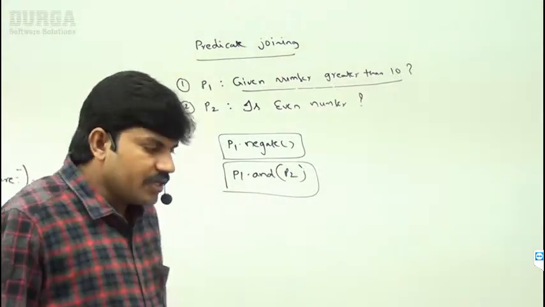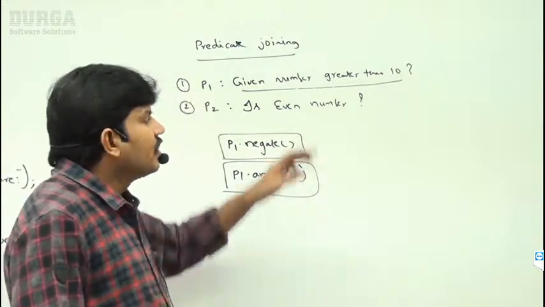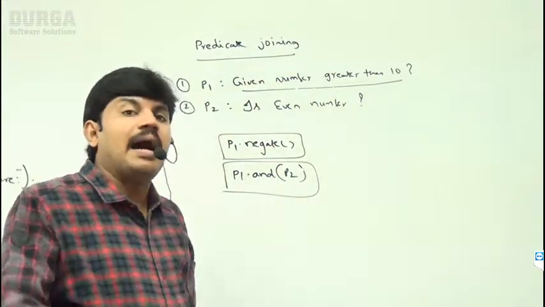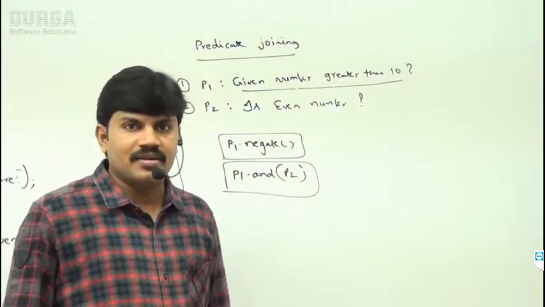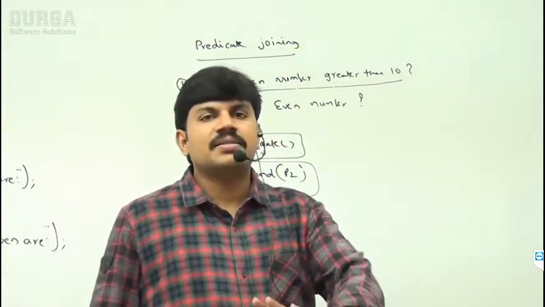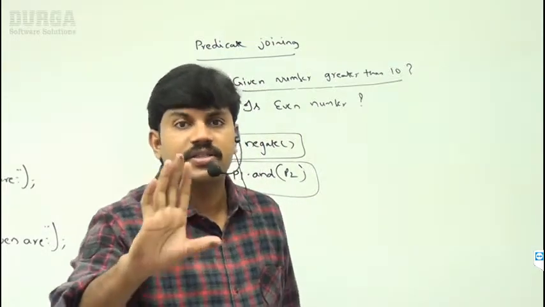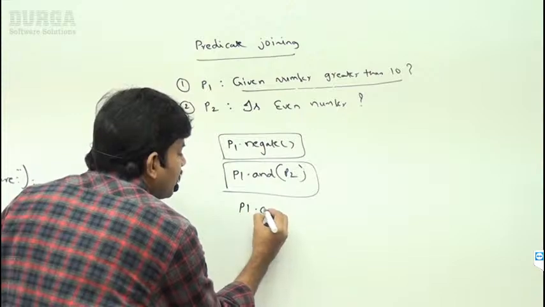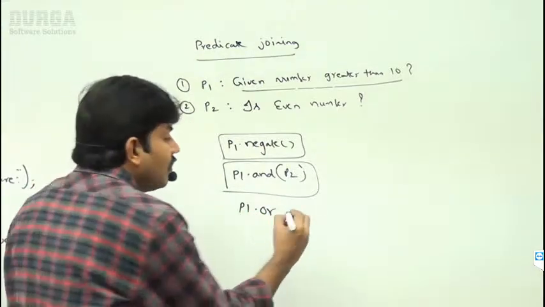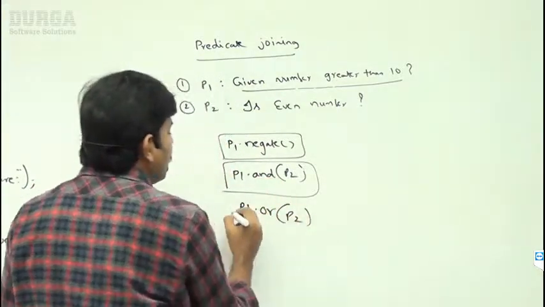Similarly, I want to check whether the number is greater than 10, or whether the given number is even. Either the first condition or the second condition, at least one has to be satisfied. Then I will take P1.or(P2). That's all.